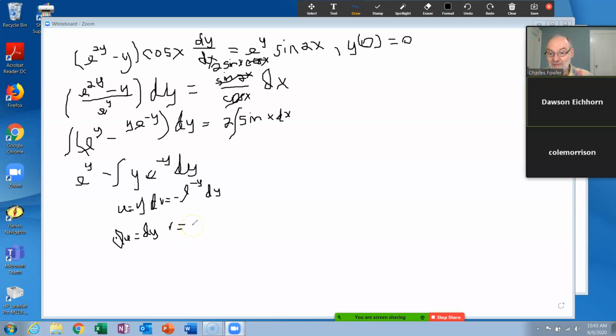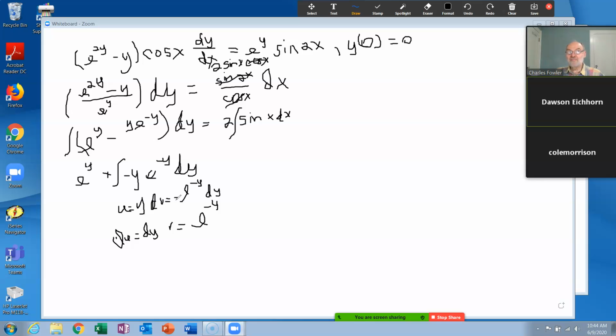And that will just be, I'm pretty sure, e to the minus y, isn't it? Okay? Now remember, since I pulled that back in, I'm going to put this as a plus and put the minus back in here. Okay, let's check and see. Yeah. du is equal to dy. And if you differentiate this, you get dv is equal to e to the minus y times a minus 1. So that's why I pulled it back in, times dy.